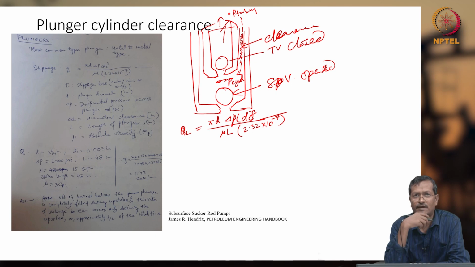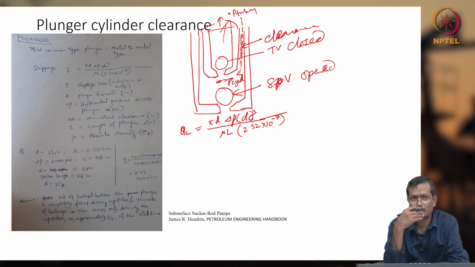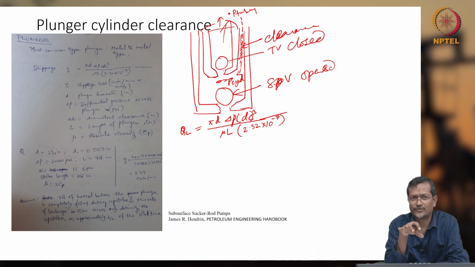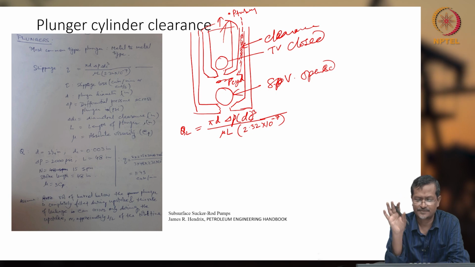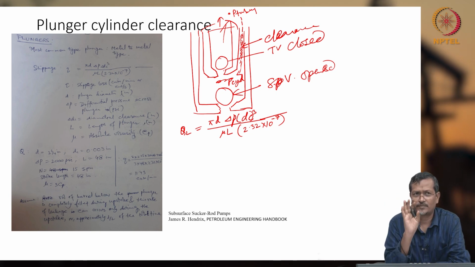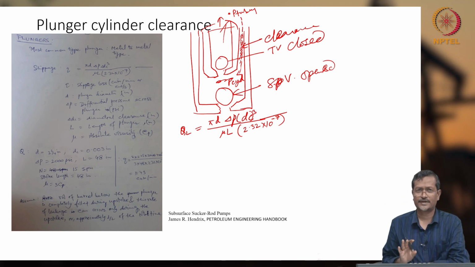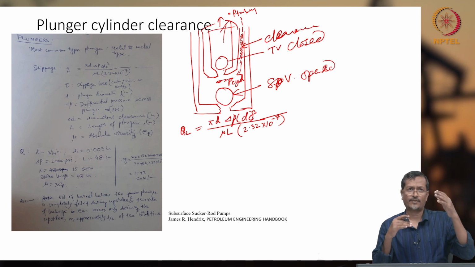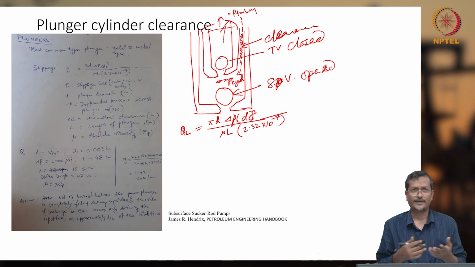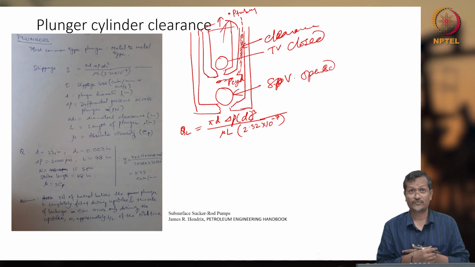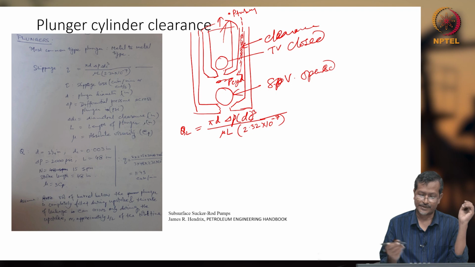Many authors have written different types of formula, but in one book it is given as one formula. For our calculation we will use only one formula, because there are so many choices. Let's fix on a formula, and based on that we calculate theoretically how much head or pressure or flow rate you are developing under ideal conditions, and on that basis you can calculate the volumetric flow rate from your pump.